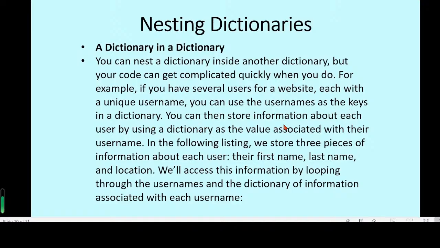You can then store information about each user by using a dictionary as the value associated with their username. So in the following listing, we store 3 pieces of information about each user: their first name, last name, and location.